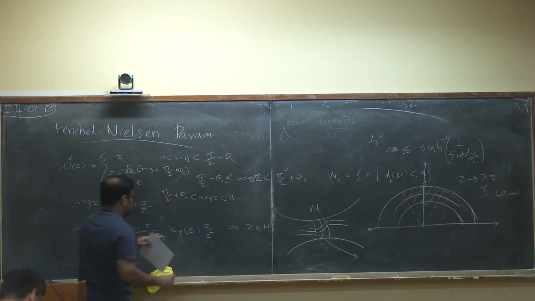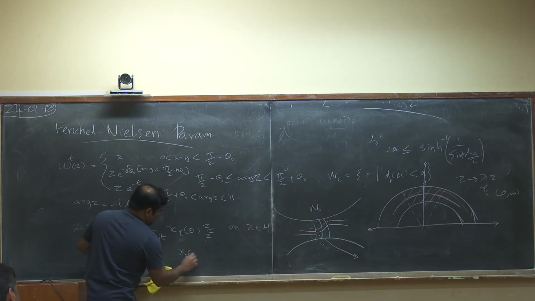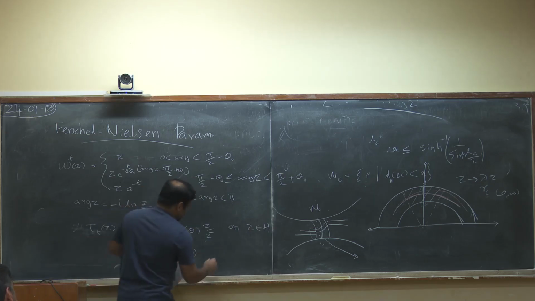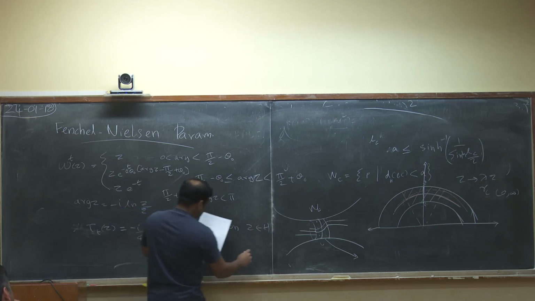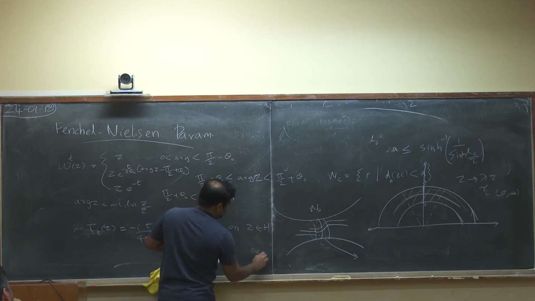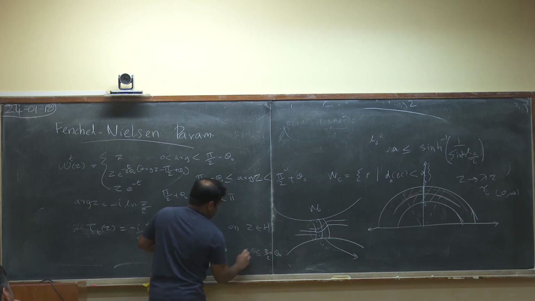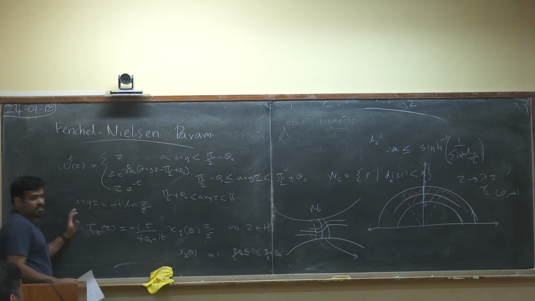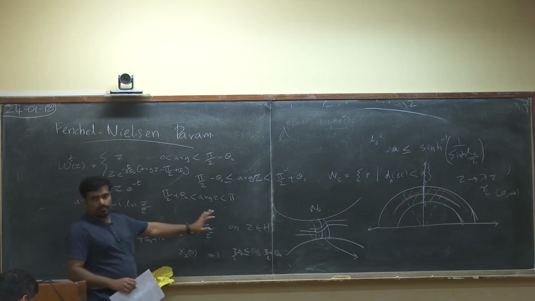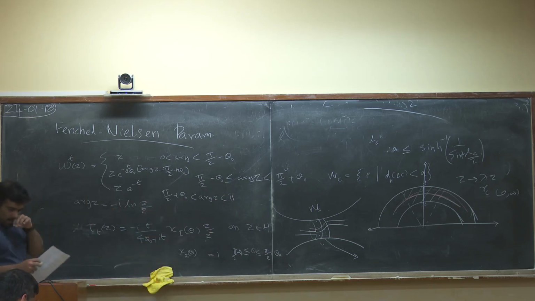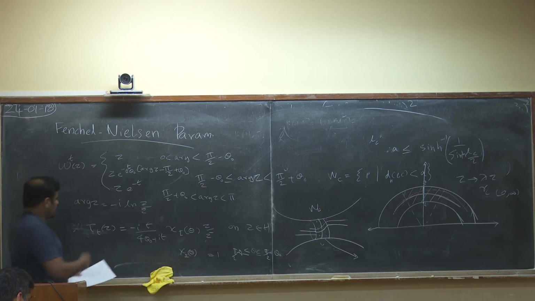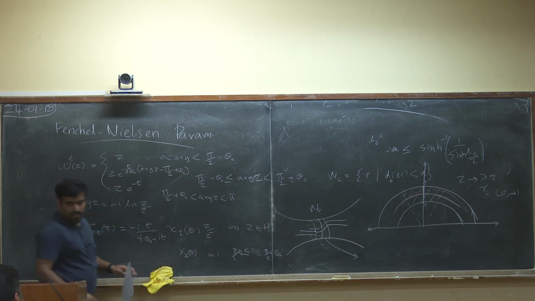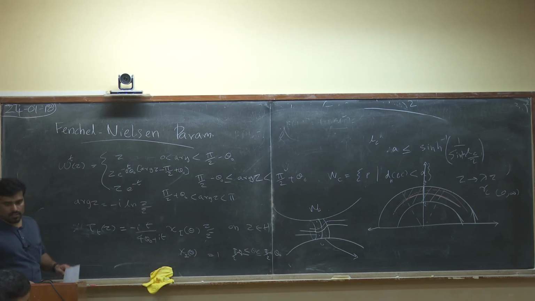Here I assume that chi i theta is some function that is 1 only when theta is between pi by 2 plus theta 0 and pi by 2 minus theta 0. So that Beltrami differential has support only inside the collar. Now you can use the idea of the method of images and then construct the full Beltrami differential.